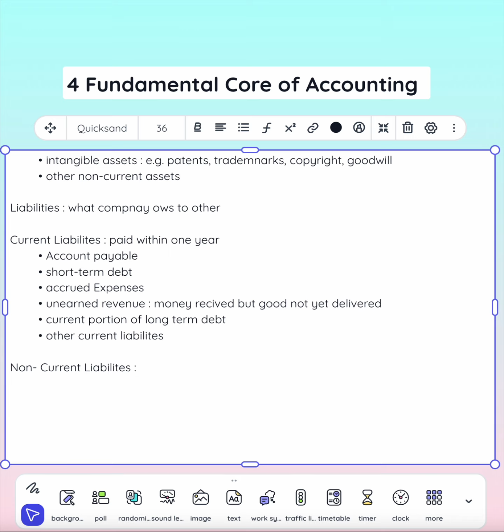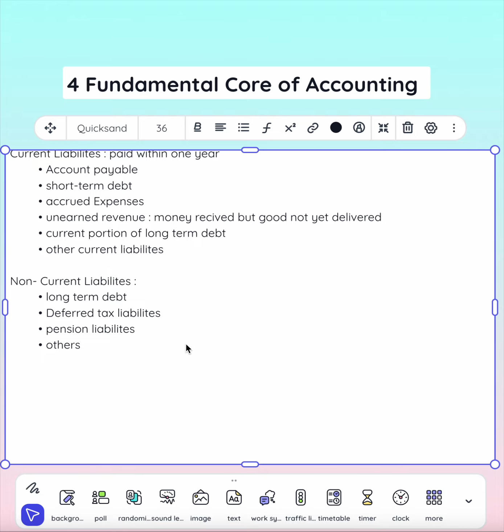It includes long-term debt, deferred tax liabilities, which are taxes owed but not yet payable, and pension liabilities, which are obligations to provide pension benefits to employees. Then you have any other non-current liabilities not expected to be paid within 1 year. So this is all about the liabilities.